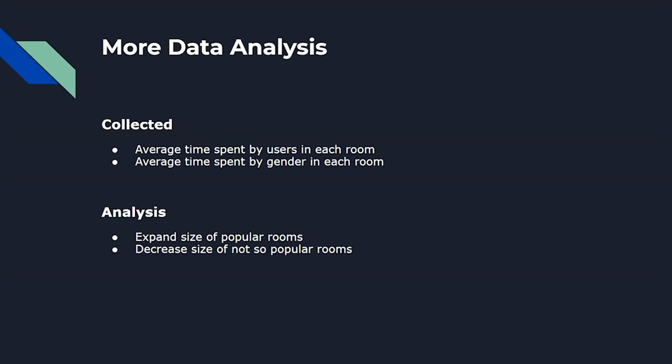For the analysis part, our goal, like Mikkel mentioned before, is that depending on average time spent by users in each room, gym owners or gym businesses can expand the sizes of the popular rooms, decrease what's not popular, and maybe add more equipment or exercise classes. So it's more of a learning experience, a better understanding of what their users' behavior, patterns and preferences are.